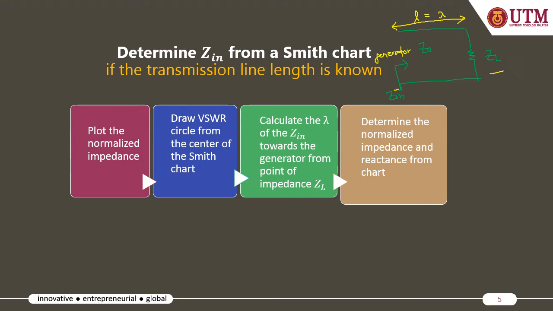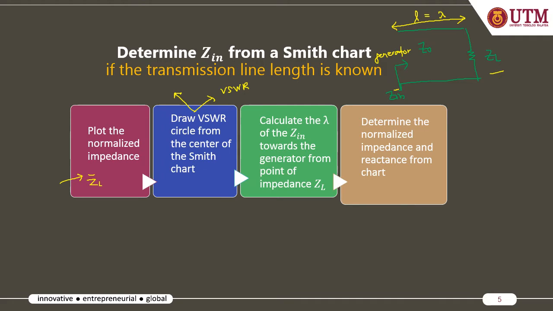Right, so the steps are, first, as usual, you need to plot the normalized impedance. Don't forget to divide the load impedance by Z0, and draw the VSWR circle from the center of the Smith chart. From the VSWR circle, you can get the value of VSWR, and then you can get the radius.